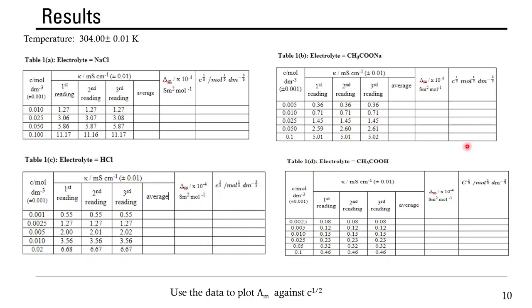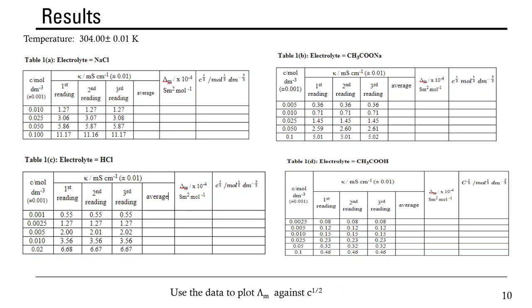Okay, once you have filled in all these tables, from this and this, you can use that to plot the molar conductivity against the square root of the concentration. And from the plot you can actually measure the molar conductivity at infinite dilution, the lambda naught.